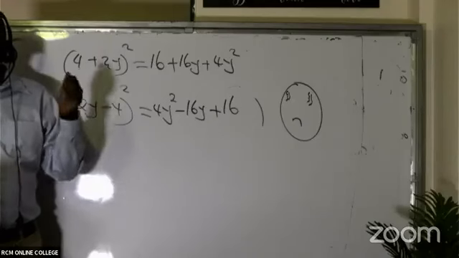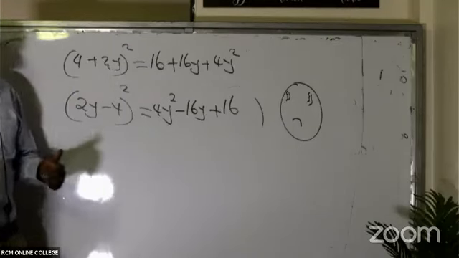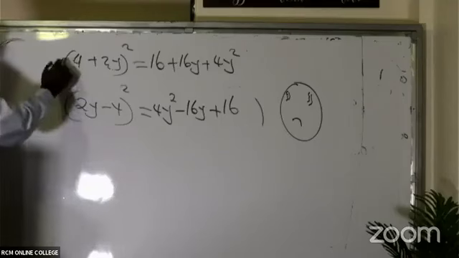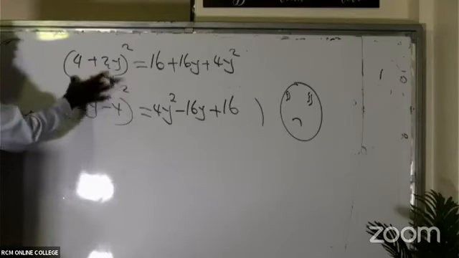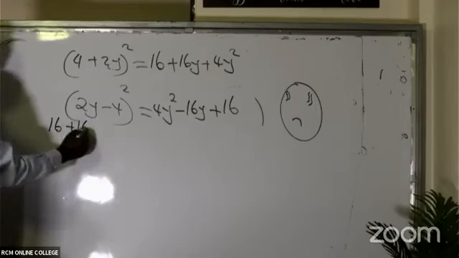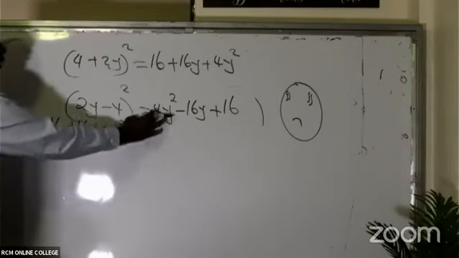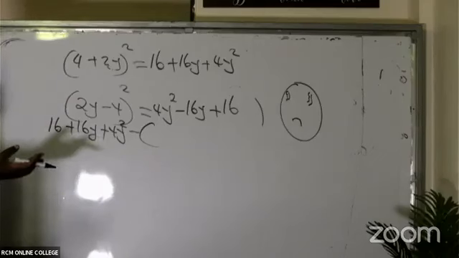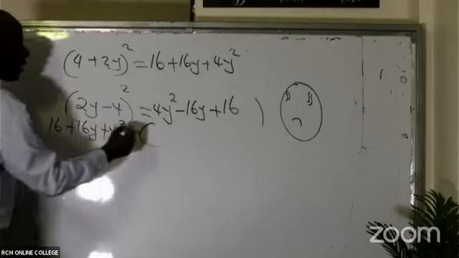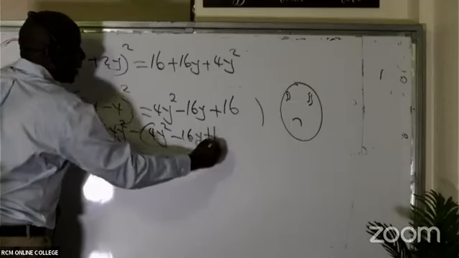So up to here, ladies and gentlemen, are we okay? Up to here, we are okay. And then remember, the examiner wanted you to deduct, to take away this from this. So in short, you'll say 16 plus 16y plus 4y squared minus, I have to put this in the brackets: 4y squared minus 16y plus 16.